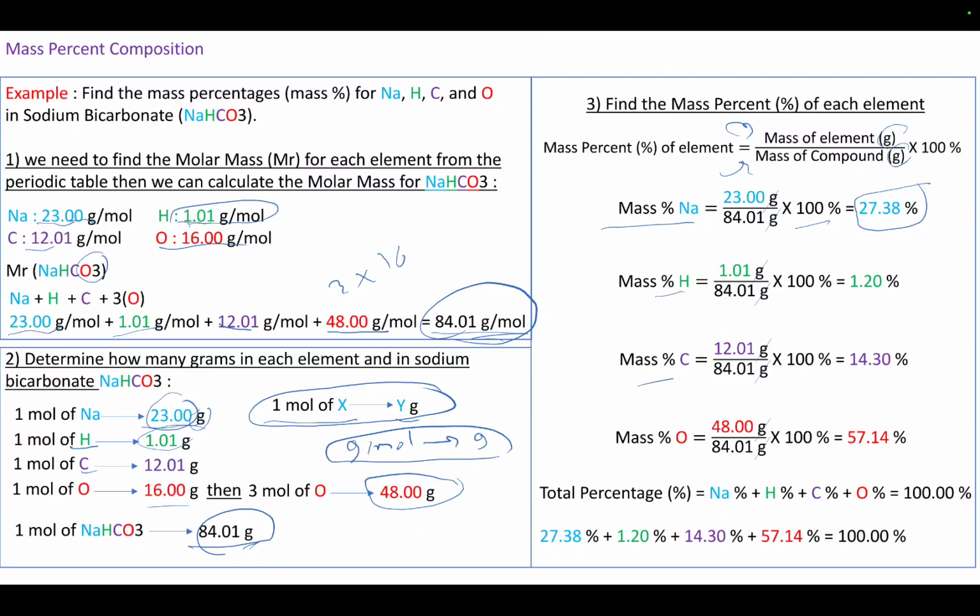For hydrogen, the same for carbon and for oxygen, we can find the mass percent for each element in the sodium bicarbonate compound. To check your answer, the same as we did for water, we sum the 4 percentages for the 4 elements, and it must be equal to 100%, as you can see here. After we sum the percentages of the 4 elements, we get 100%.